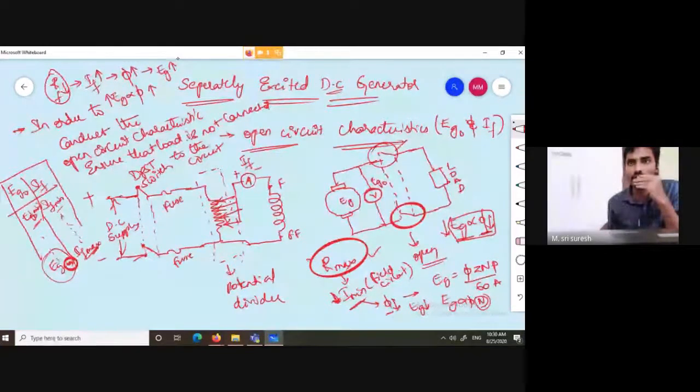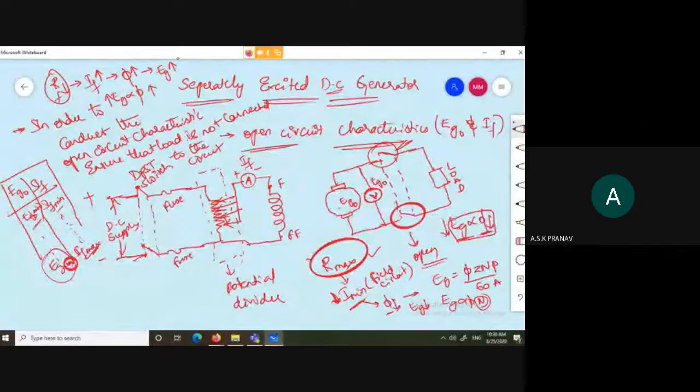The voltmeter reads the no load value. Why? Because the load is disconnected here with the help of this switch. If the switch is in open condition, the load is not connected. So at that time, the EMF induced in the generator is EG naught. That EG naught will be indicated through this voltmeter. Okay, have you understood? Yes, sir.